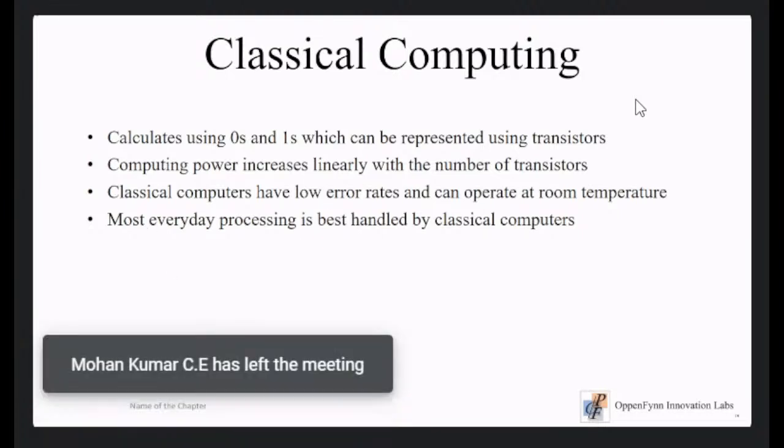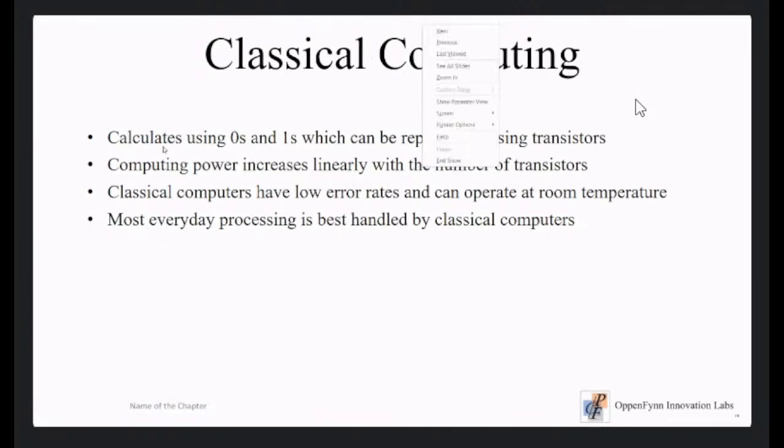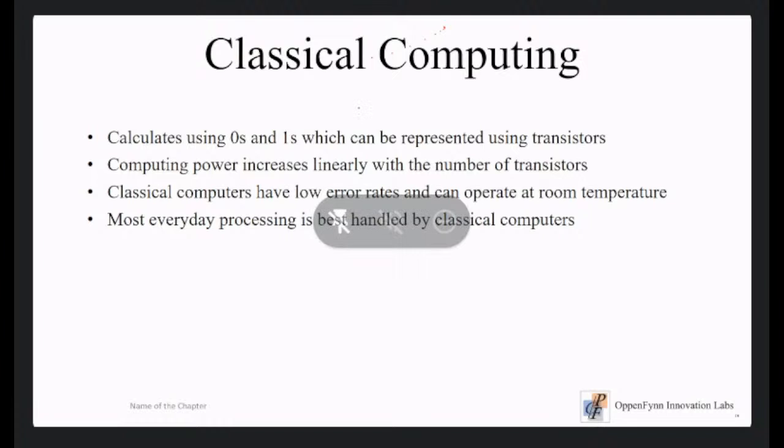Going back to classical computing, we all know that classical computing uses zeros and ones, which in our case can be represented using transistors. For example, a transistor can be on or off, and the on and off states can be represented by bits 0 and 1. Computing power in the case of classical computing increases linearly with the number of transistors.